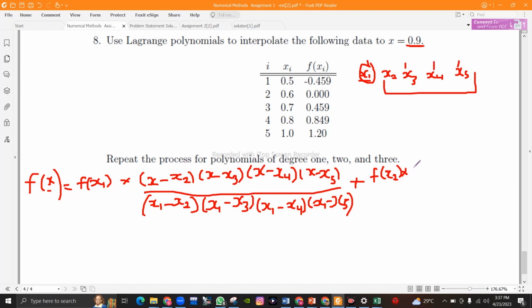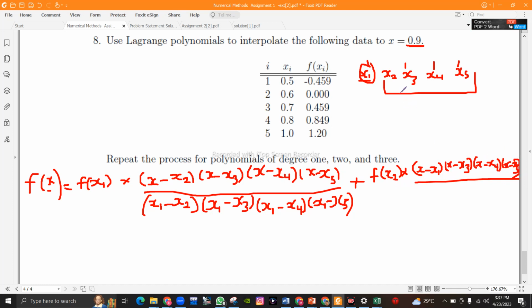Times x minus x1, x minus x3, x minus x4, then x minus x5. So divided by x minus x1, x minus x3, x minus x4, x minus x5. We did not use x2.